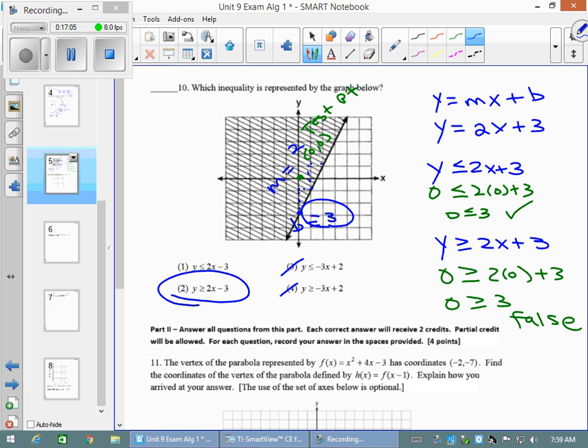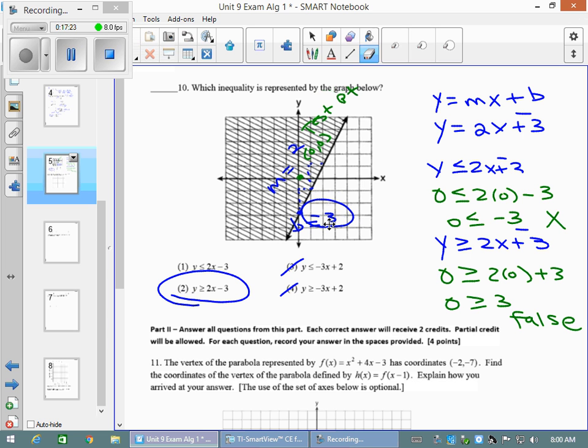So when I go to check, this should have said 0 is less than or equal to 2 times 0 minus 3, so 0 is less than or equal to -3. And then when I went on this one, I again copied my y-intercept wrong. So that should have been -3. With 0 greater than or equal to -3, that would have been true. So the correct choice here is choice 2.